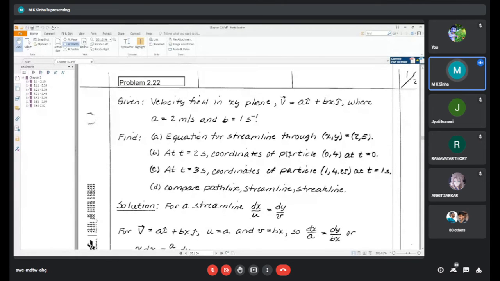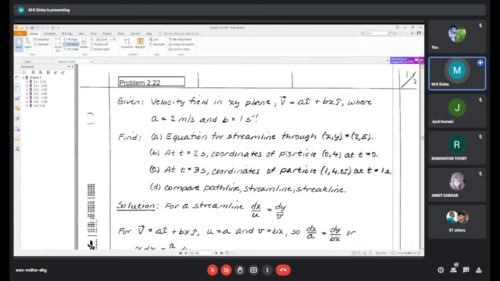What are the coordinates of the particle that passed through the point (0, 4) at t equal to 0, at t equal to 3 seconds? What are the coordinates of the particle that passed through the point (1, 4.2) 2 seconds earlier? What conclusions can you draw about the path line, streamline, and streak line for this flow? This is your question, am I right?